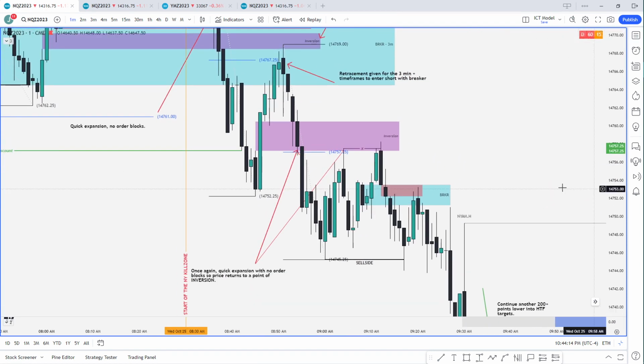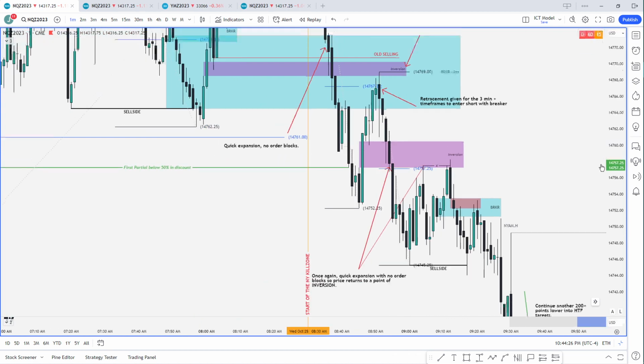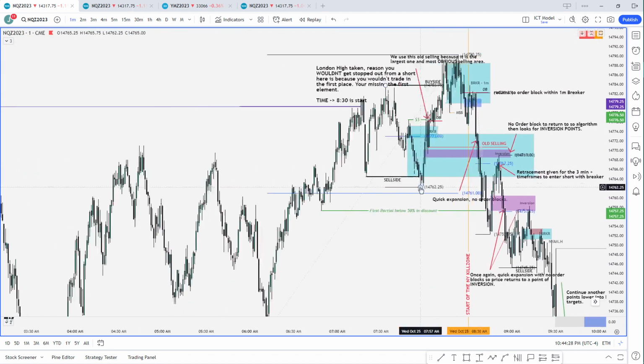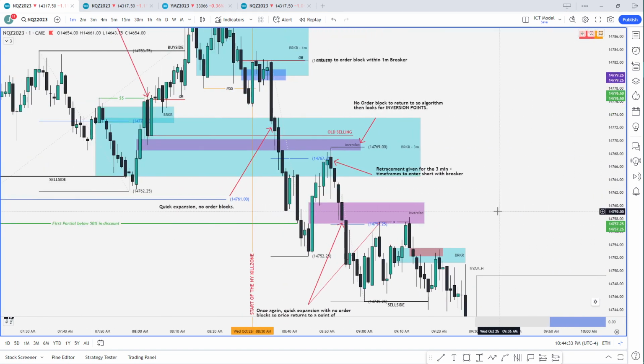Same thing here. Short-term low taken, retracement at 50%. Internal range liquidity sweep. Oh my gosh. Do you always get that second sweep?